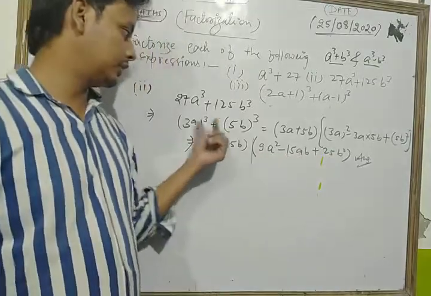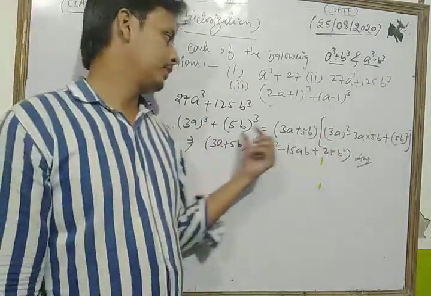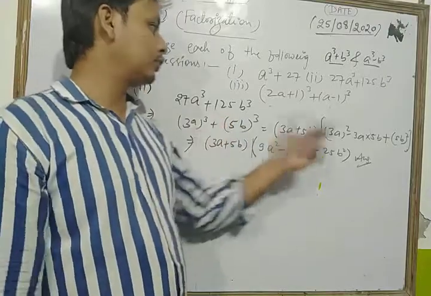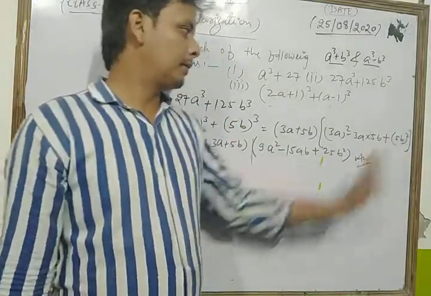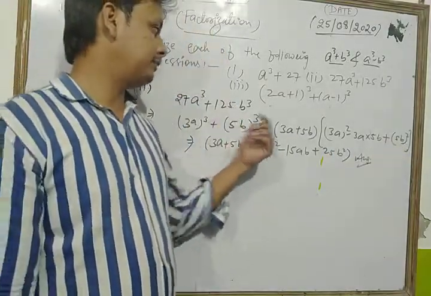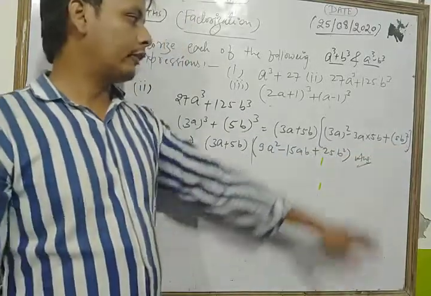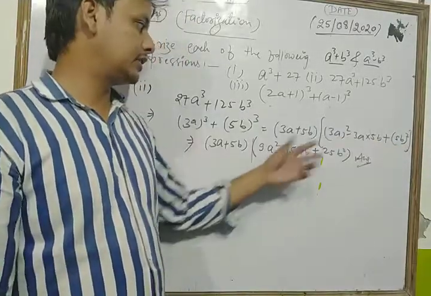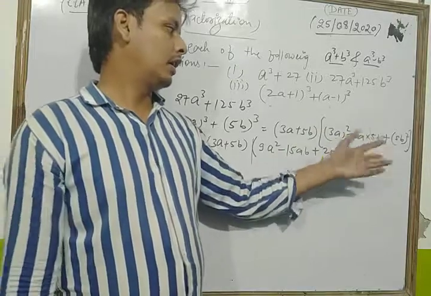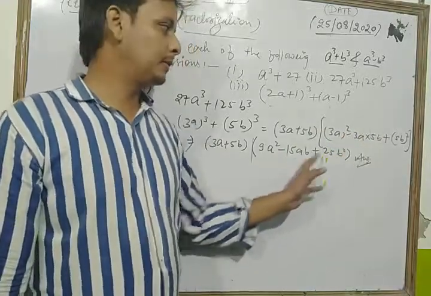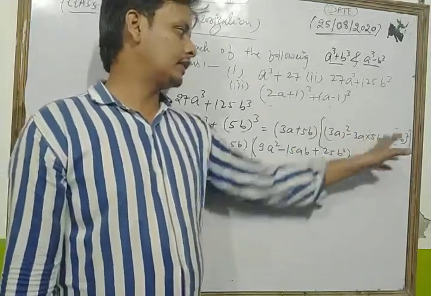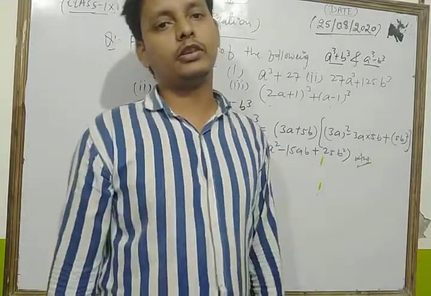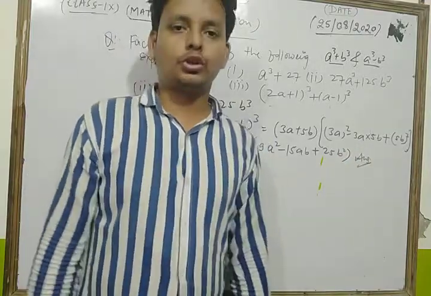Here a is 3a, so we write (3a) square, minus ab means 3a into 5b, plus b square as (5b) square. After solving the expression, we get 9a square, minus 15ab, plus 25b square. So this is our required solution of this question.